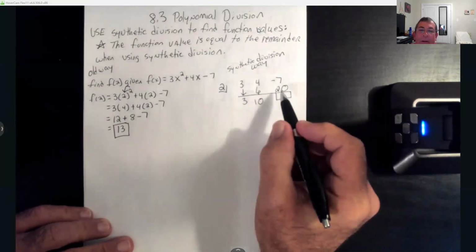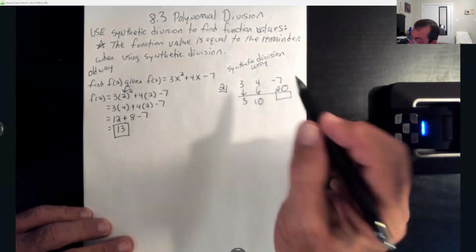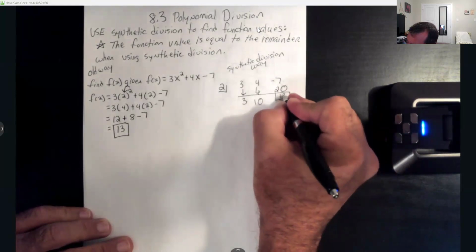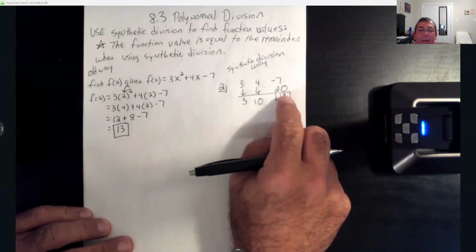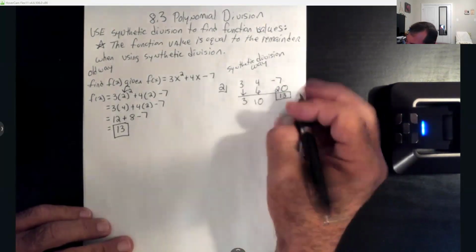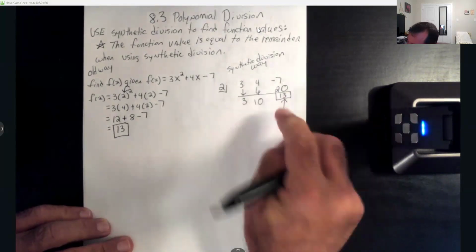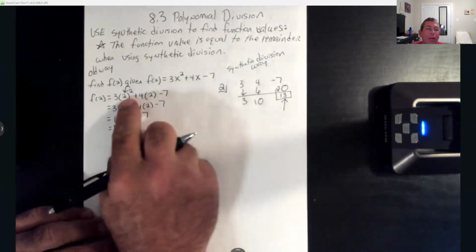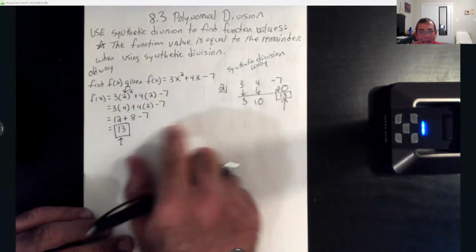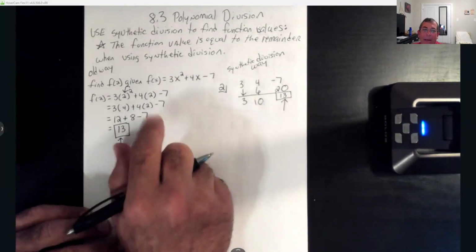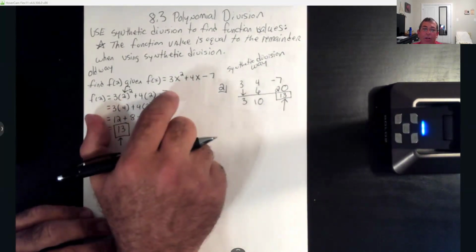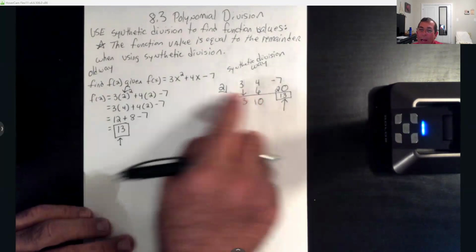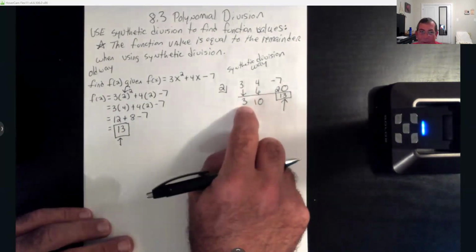Oh, and y'all look at that. 20 and a -7 give us a positive 13. So look how that remainder gave me the same answer as plugging that 2 in for all these x's. Okay, so I just wanted y'all to see that either way I work it, I got the same answer on that, okay?